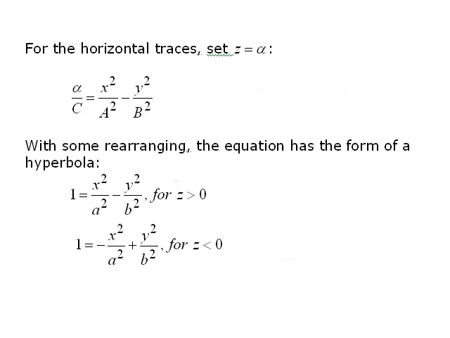Now for the horizontal traces, that would be traces in planes parallel to the xy coordinate plane. You set z equal to alpha and put it in the equation. So here z is set equal to alpha. It doesn't take much rearranging. All you have to do is divide by alpha, multiply by c over alpha, and you'll get a 1 here.